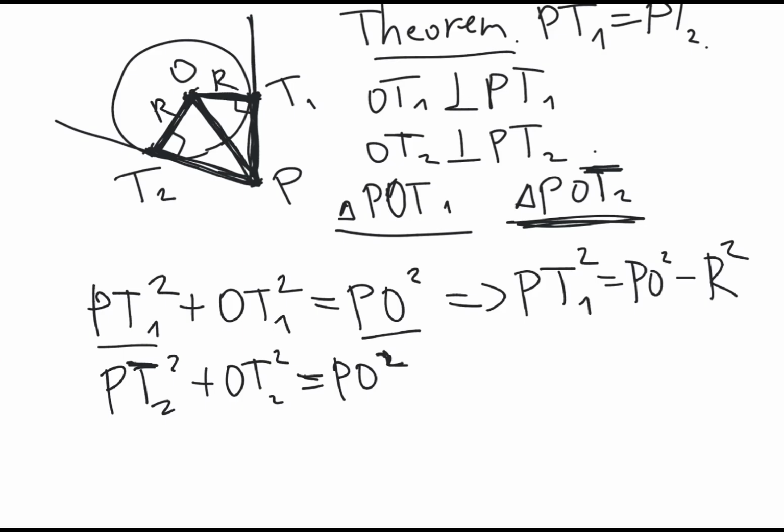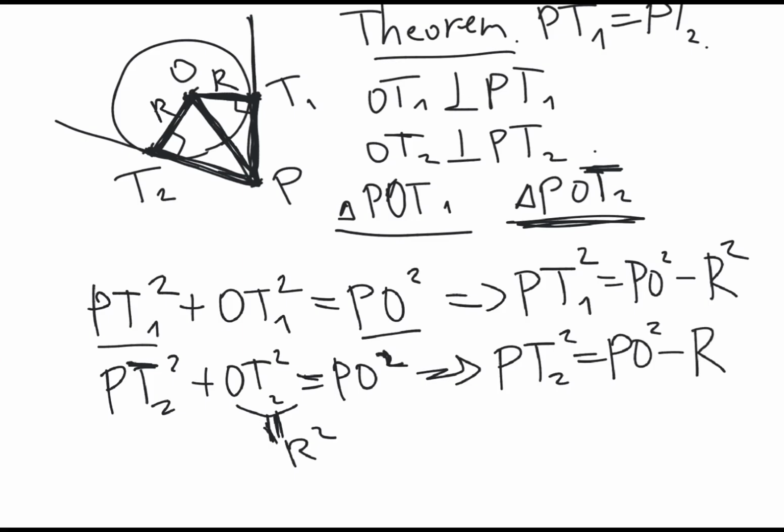So again, this is equal to R squared, and so from this we conclude that PT2 squared is equal to PO squared minus R squared.